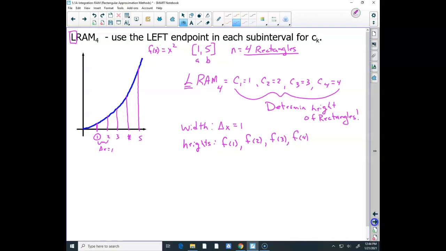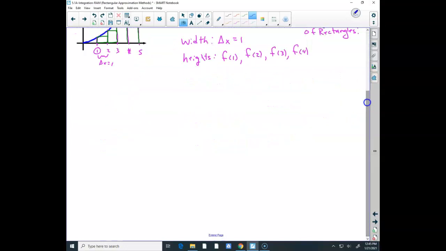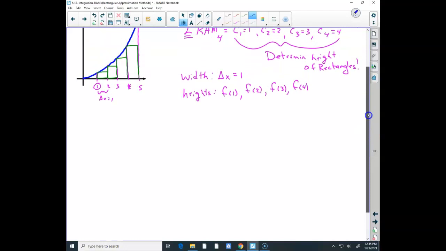Okay? So I'm finding the area of these rectangles. Hopefully you can look at this and say, oh, that's going to be a really crappy estimate. And you're right, it is, but it's all just a process thing right now that we're going through and understanding what this is doing for us, okay?